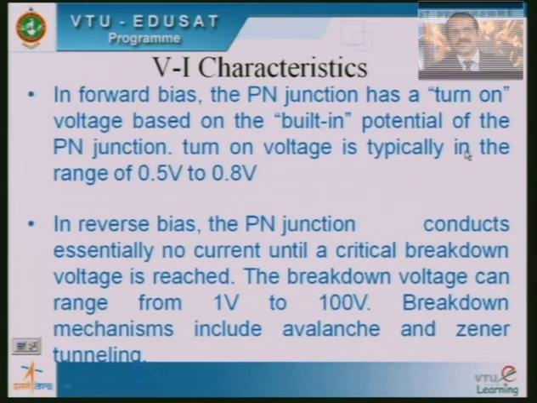Turn on voltage is typically in the range of 0.5 volts to 0.8 volts, whereas in the reverse bias the PN junction conducts essentially no current until a critical breakdown voltage is reached. The breakdown voltage can range from 1 volt to 100 volts, and this breakdown mechanism includes avalanche and Zener tunneling.